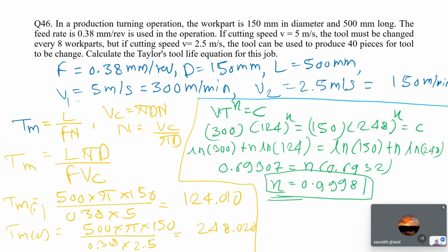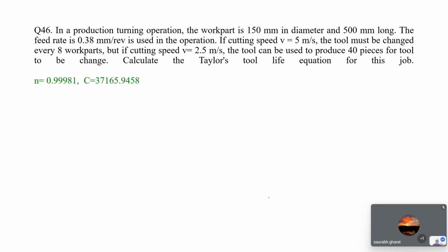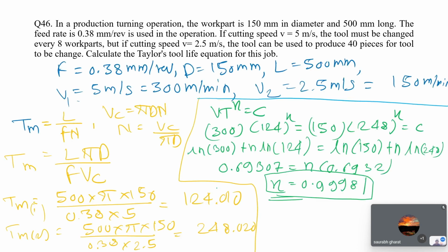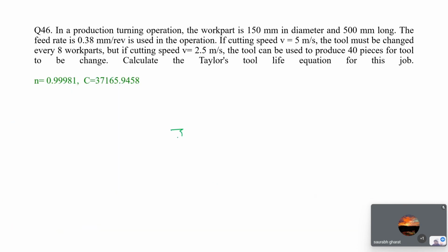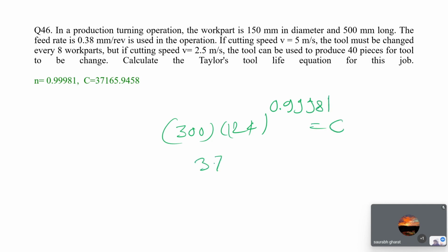So you know your n. Put it in to find C. We have many equations there, so you can put it in any one equation. Just 300 into 124 to the 0.99981 is equal to C, equal to 37165.945.